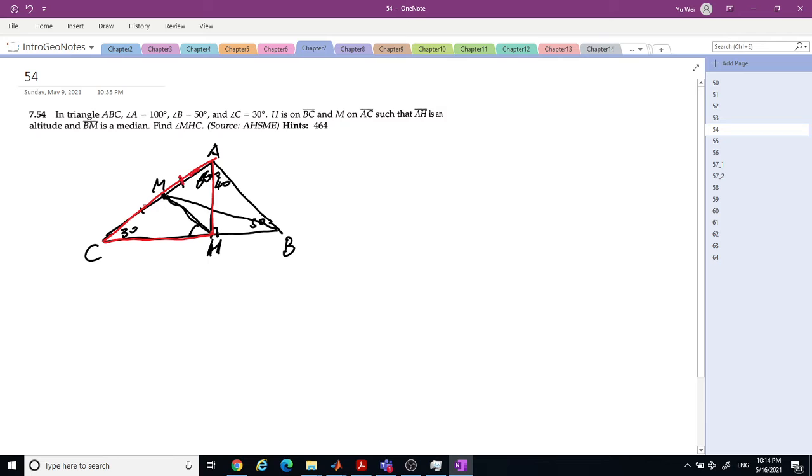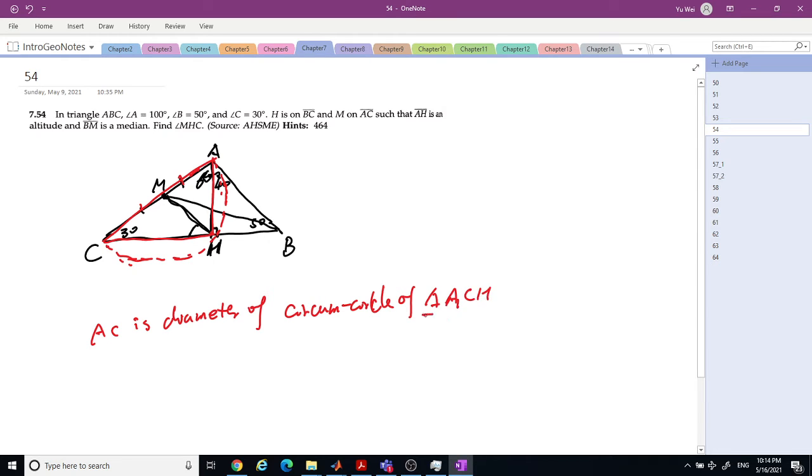If this is a right triangle, and I have a circumcircle, then AC is the diameter of the circumcircle of triangle ACH, and this is the median, right?